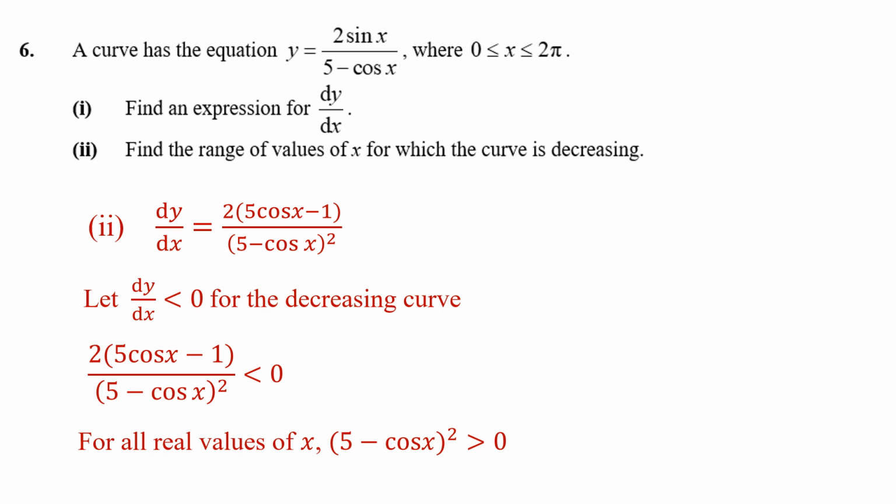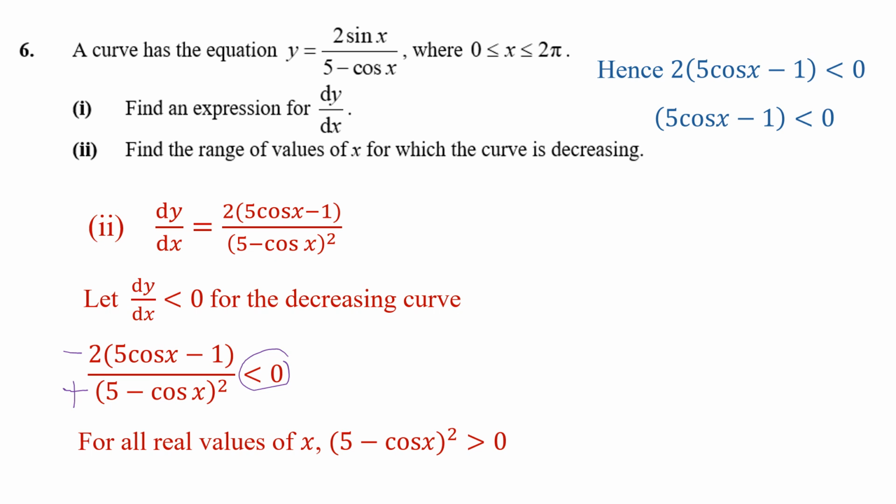Therefore, your numerator must be negative, because negative over positive will give you a negative result, and the answer must be negative. So divide by 2 throughout. 2 is a positive value, so it will not affect your inequality sign at all.